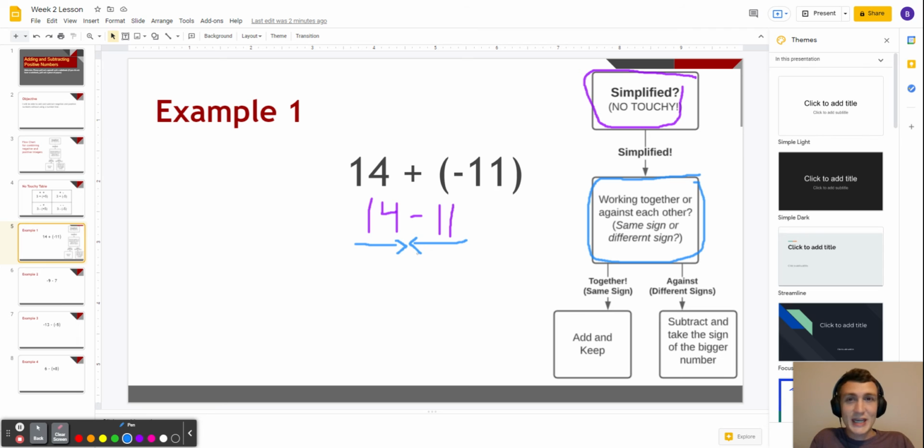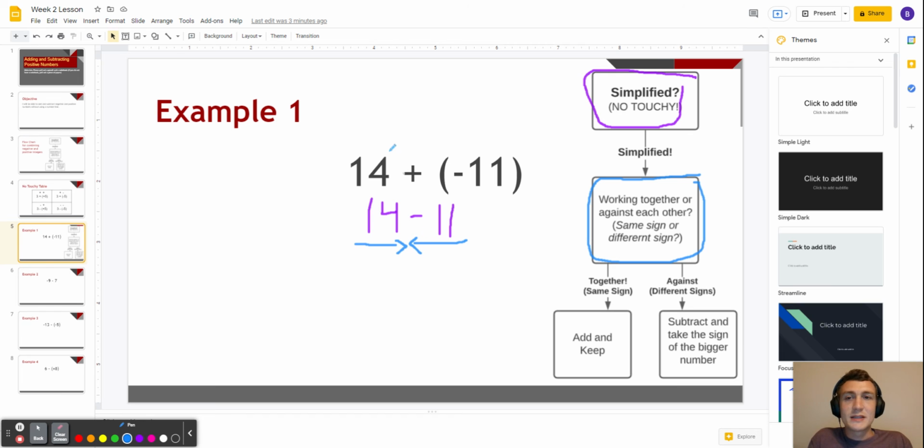Another way of saying that is, are they the same sign? Even if they're pointing like this, they're working towards each other, or if they're working like this, that's the same thing. If they're going opposite directions, they are working against each other. They're not helping each other out. They're running into each other, or running away from each other. They're not going together.